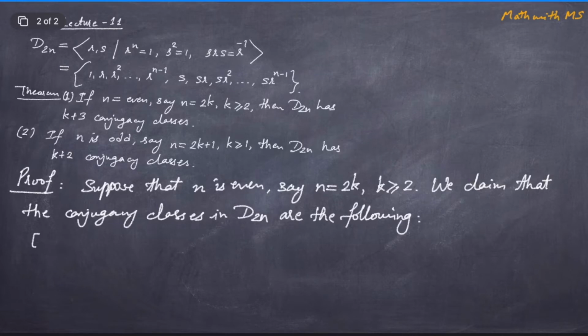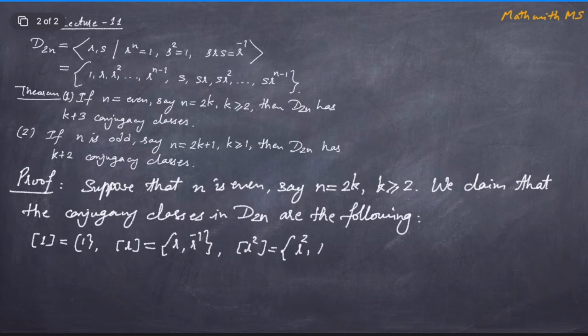Let us say the conjugacy class of the identity element is of course the identity element. The conjugacy class of r, we claim, consists of the elements r and r inverse. The conjugacy class of r squared consists of r squared and r to the power minus 2, and so on up to the conjugacy class of r to the power k minus 1.